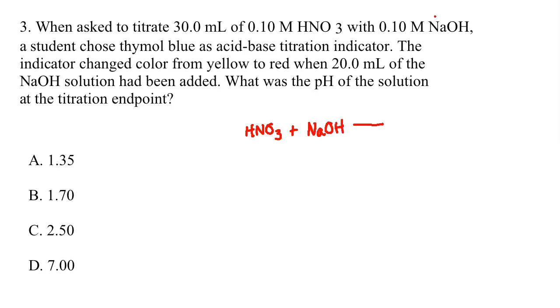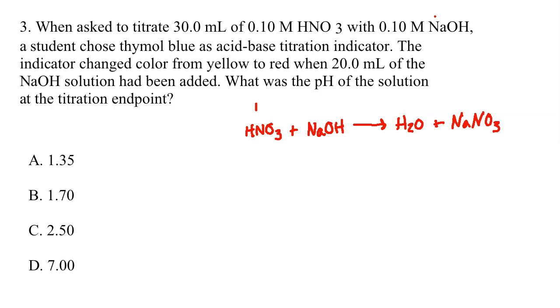And what that's going to produce, because this is a strong acid and a strong base, we're not going to talk about equilibrium. We will get H2O, and we will also get sodium nitrate, NaNO3. So these will be the two products that we come up with in a one-way reaction.